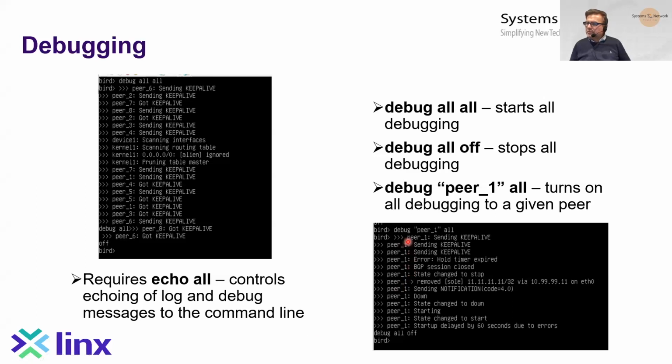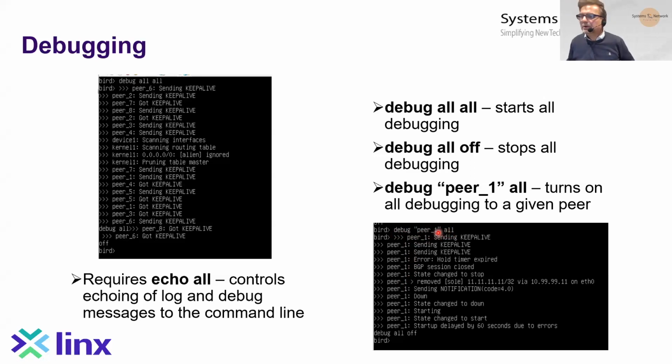We can also debug a specific peer by putting the string name of the peer that we've defined in inverted commas. So this command here means debug the routing protocol from this peer here, and we want to see everything, including BGP.